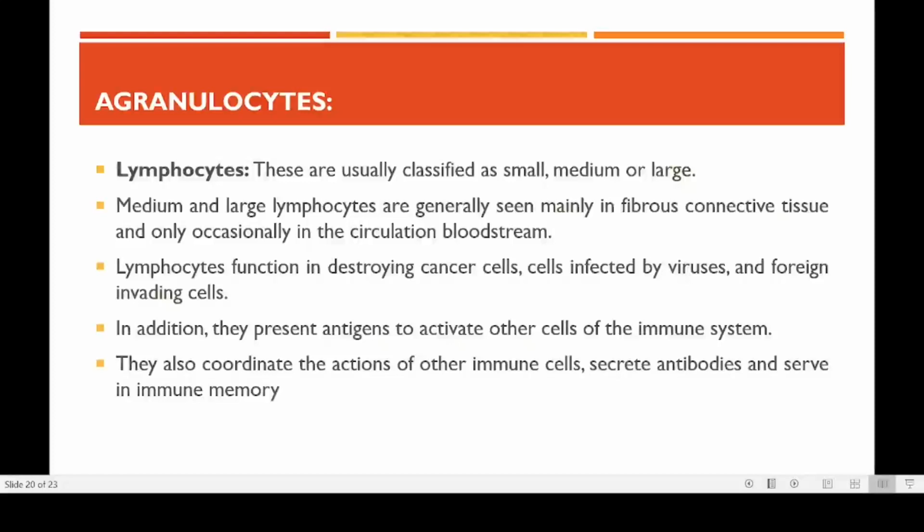So normally what happens is that once a microorganism enters your body, our body will produce antibodies against it, and those antibodies will kill the viruses. And a small amount of antibody will still be present in our blood, and these antibodies will circulate in our blood throughout our life.